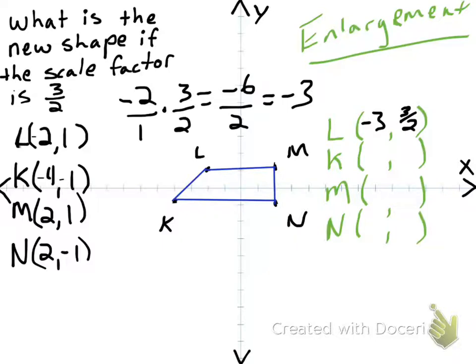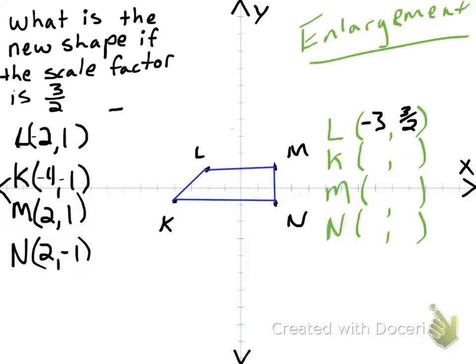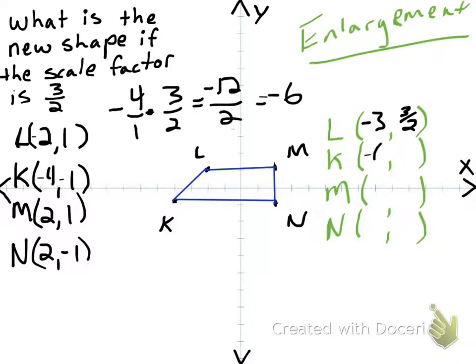Now I'm going to do -4 times 3 over 2. -4 over 1 times 3 over 2 would be -12 over 2, which is equal to -6. And then negative 1 times 3 over 2 would be negative 3 over 2.